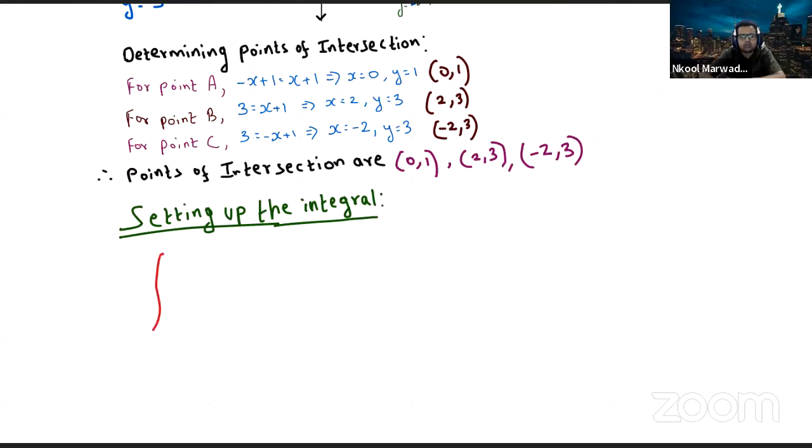Double integral, x from y minus 1 to minus y plus 1, y varies from 1 to 3, and the function we have is 2x minus y, dx dy.